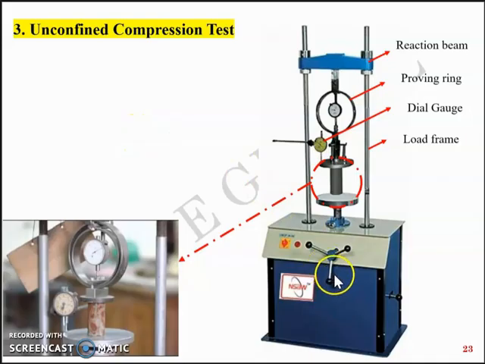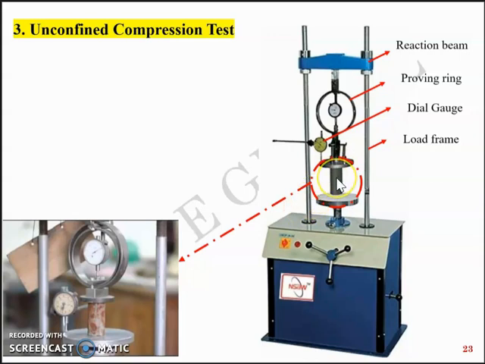And when you operate the machine, the bottom plate moves up, which applies an axial load on the soil sample, and the deformation will be measured by the dial gauge, and the load will be measured by the proving ring. So at some point, as the test progresses, the soil may start to bulge out, or it may get sheared along an inclined plane.